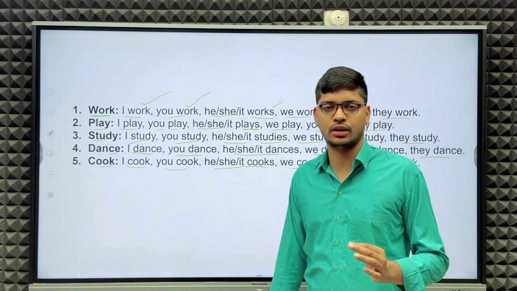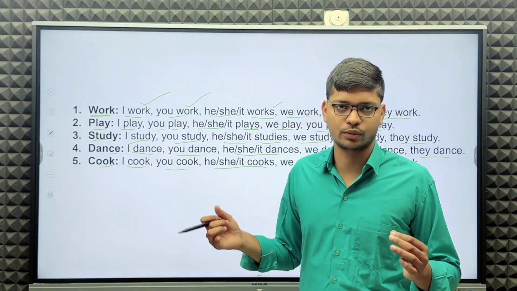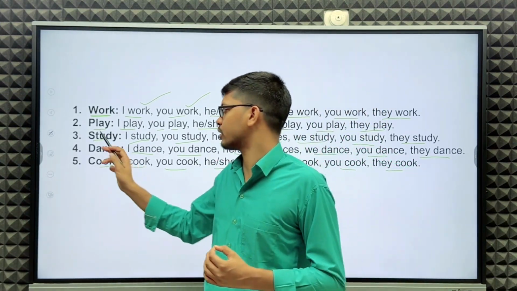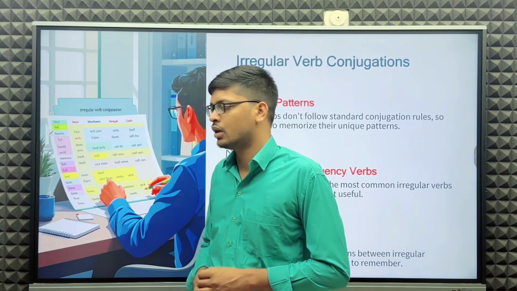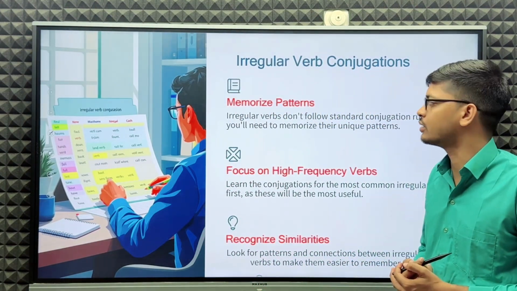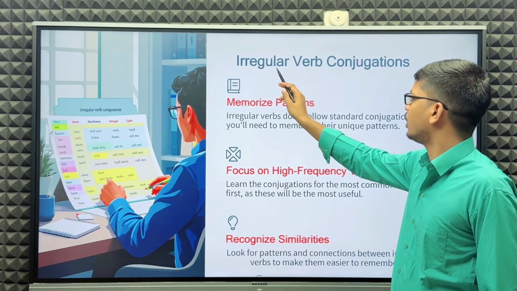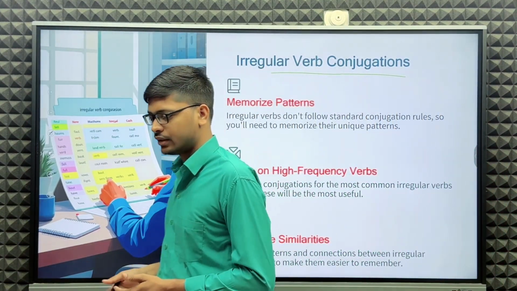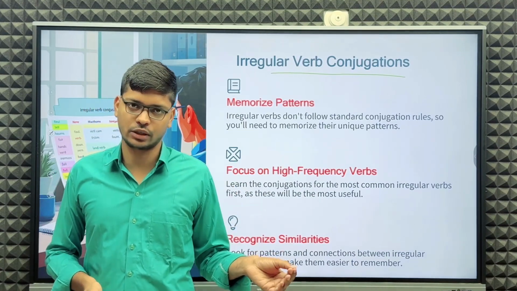So I hope you guys understand the conjugations of these verbs. Okay, so our next point related to present tense is irregular verbs conjugations. We have seen regular verbs conjugations.